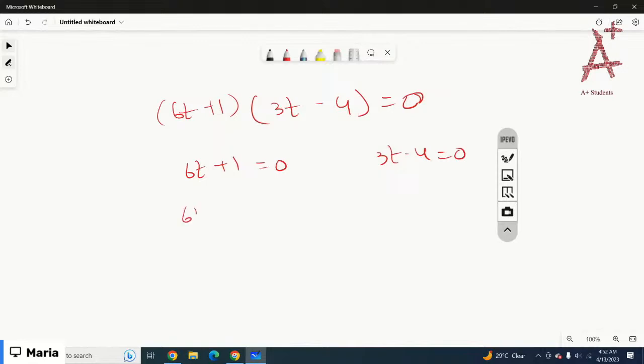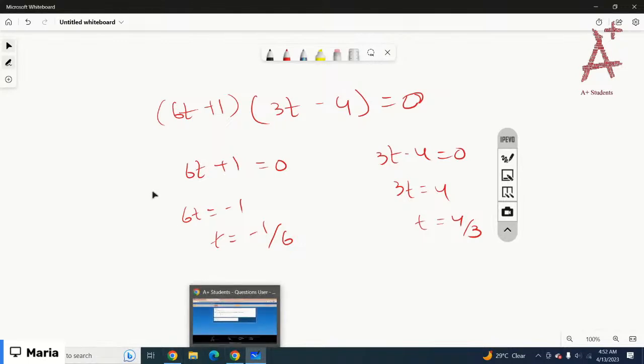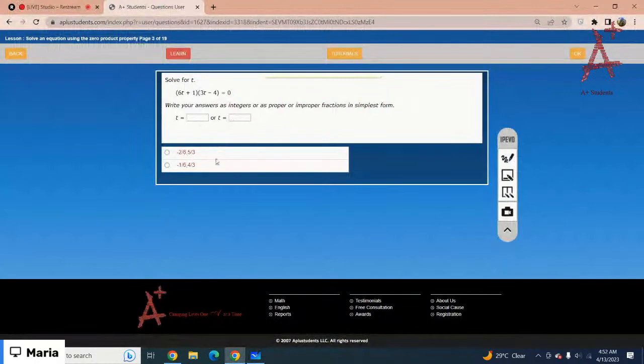So it would be 6t equals minus 1 and t equals minus 1 over 6. 3t equals 4 and t equals 4 over 3. So you have two values for t, negative 1 over 6 and 4 over 3. So option number 2 is the correct option. Got it?